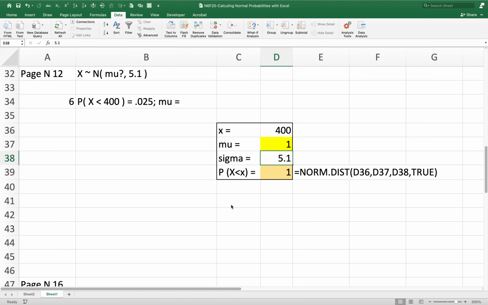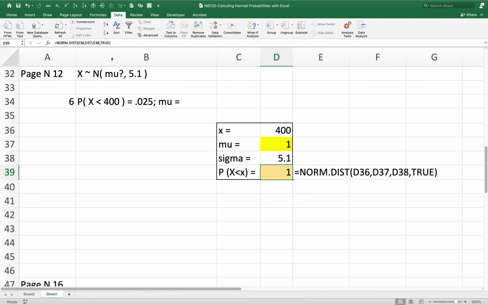All right, now this is where it gets really cool. You're going to make sure that you have selected the cell that has the NORM.DIST function. So in this case, it's D39. That's the one that has the NORM.DIST function, and the NORM.DIST function needs to have cell references for the different arguments.